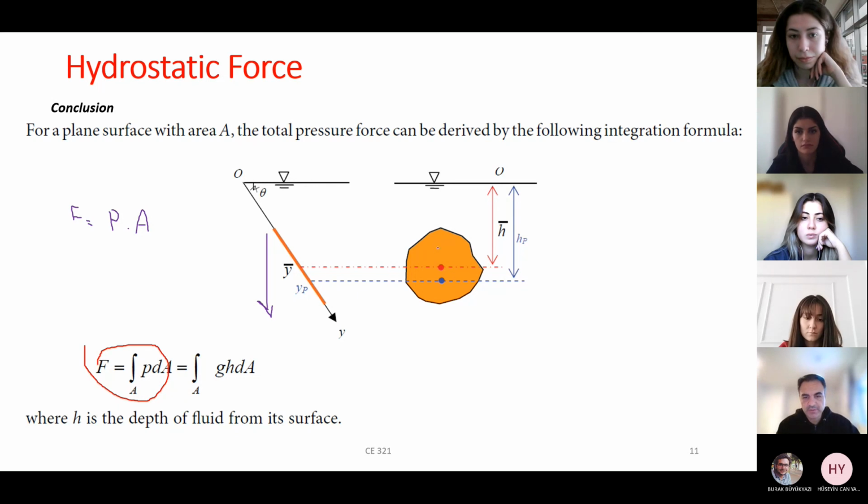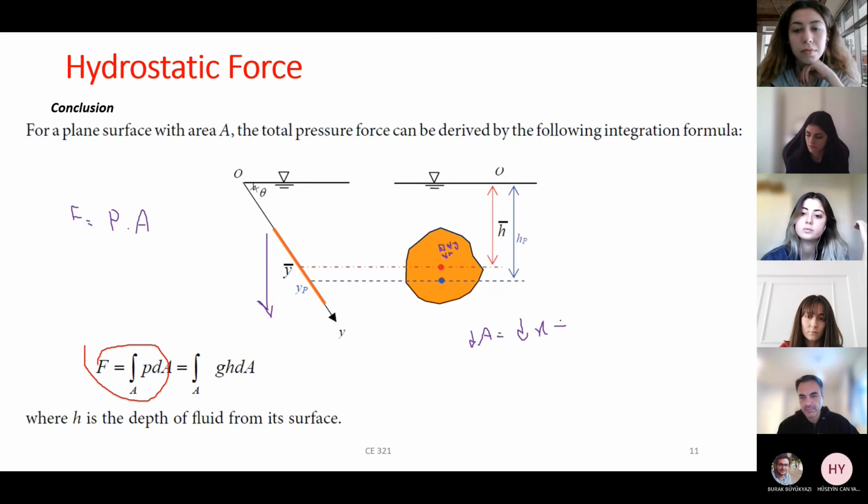I assume one very small piece on this shape like this. One side could be considered, for example, dx. The other side should be dy. Therefore, differential area equals dx times dy.